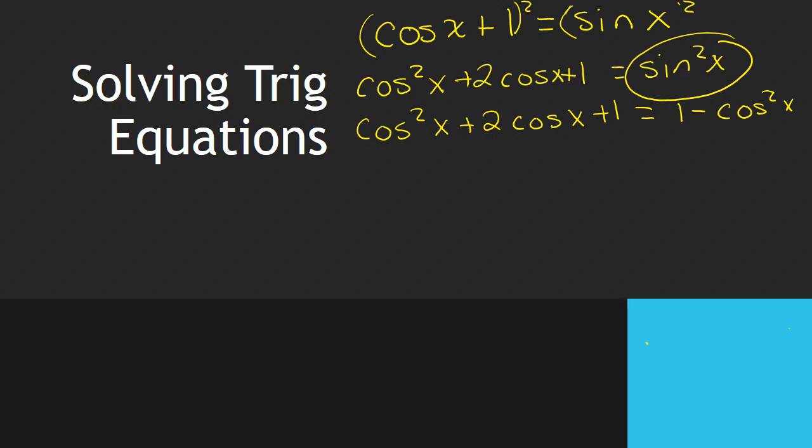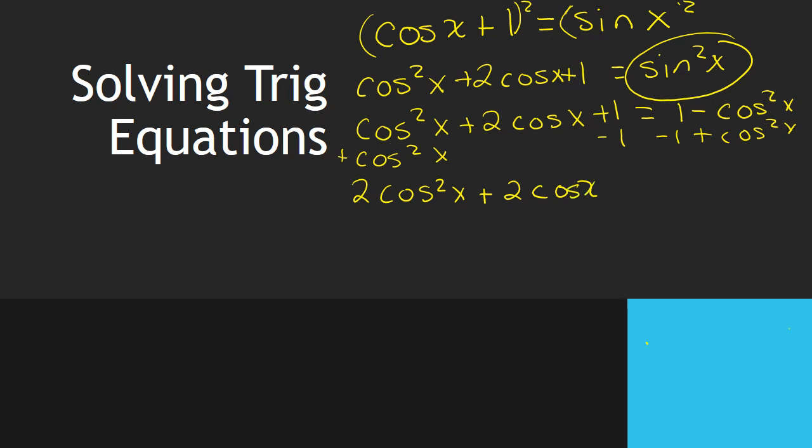So I'm going to move things around, add cosine squared x to both sides, and subtract 1 from both sides. So I end up with 2 cosine squared x plus 2 cosine x equals 0.